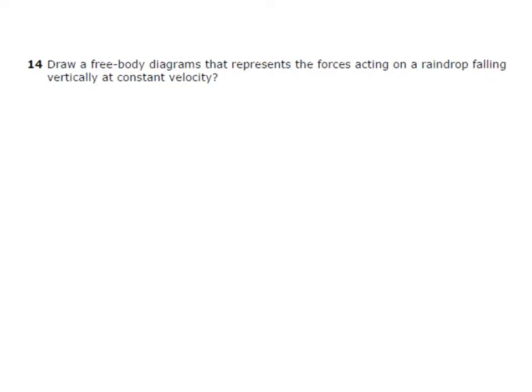Draw a free body diagram that represents the forces acting on a raindrop falling vertically at constant velocity. Okay, so here is my little raindrop. Not a great drawing. Okay, are there any forces going side to side? And the answer to that is no. So we don't have any. We're not talking about wind. So what we need is a dot and a force going up and a force going down. It's easier to draw it over here. Here's my dot.